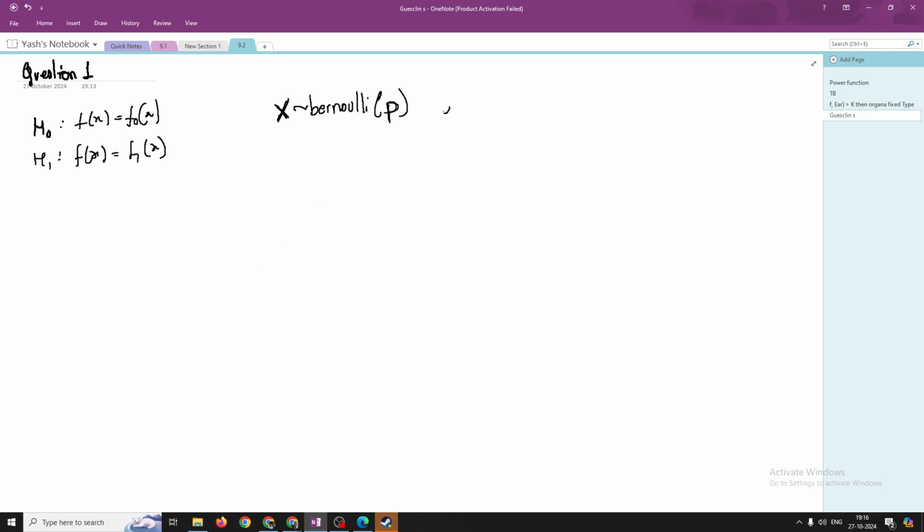Now we need to minimize alpha plus beta. This is the linear combination that we need to minimize.